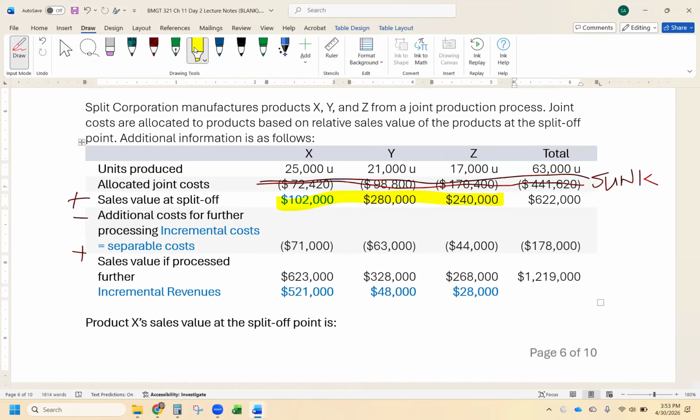If you want something super, the only choice you have is Super X. We sell Super X, but no Super Y, no Super Z. And so that's our sell as is or process further decision. So yes, process further, sell as is, sell as is. That's our decision. And it's financial analysis only.